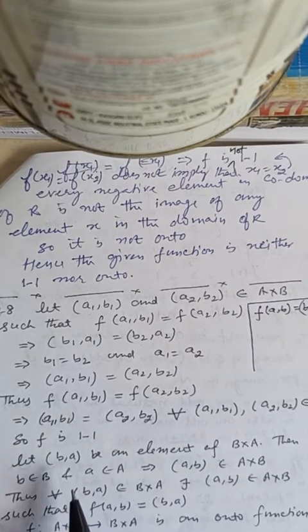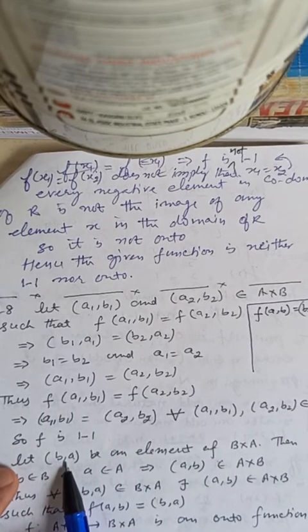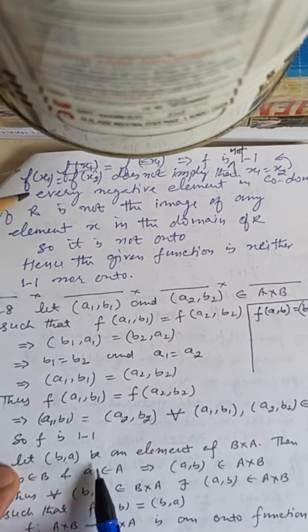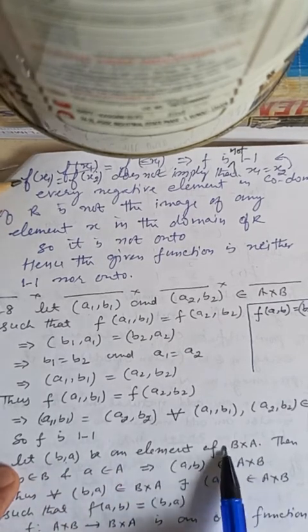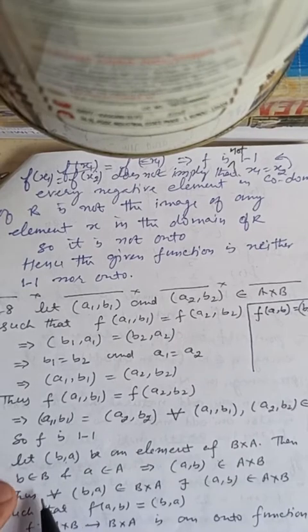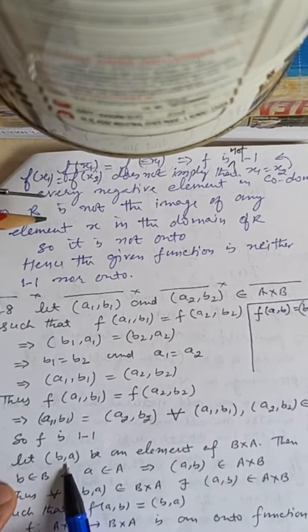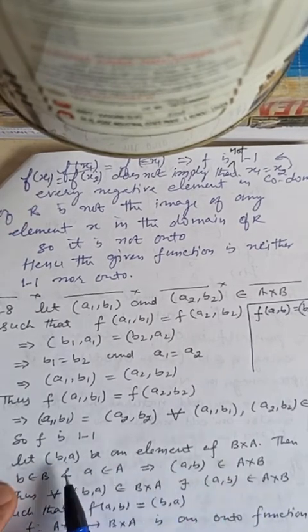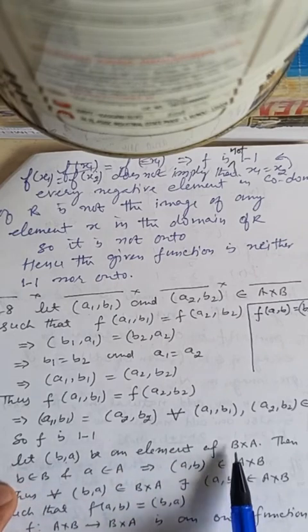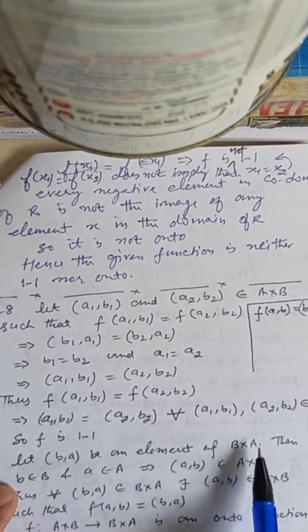Now to show it is onto, we will take an element in the codomain. So let (b, a) be an element of B cross A, which is here the codomain. When we write the Cartesian product, in an ordered pair the first element always belongs to the first set and the second element belongs to the second set.